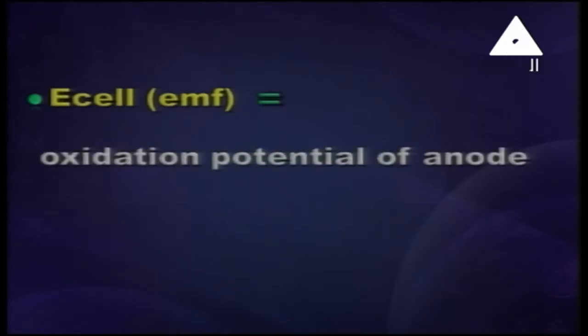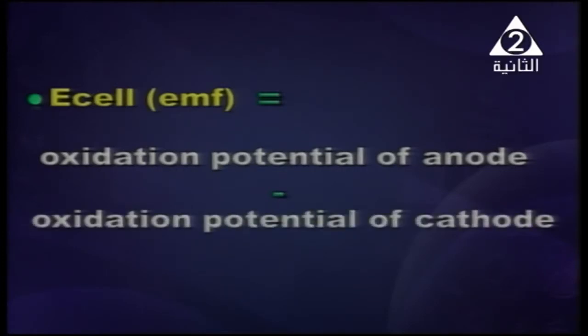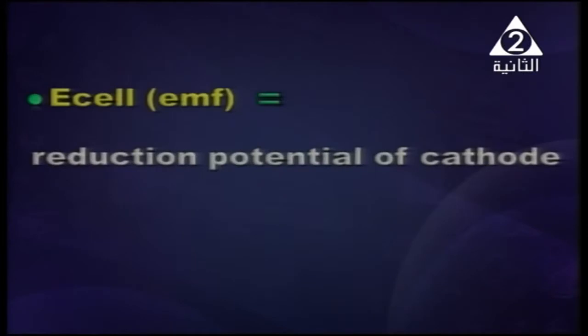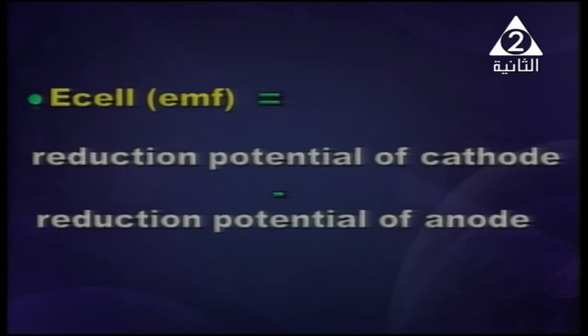Or, E cell or EMF equals oxidation potential of anode minus oxidation potential of cathode. Or, E cell equals reduction potential of cathode minus reduction potential of anode. There are three different ways to calculate the E cell or the EMF of any galvanic cell.